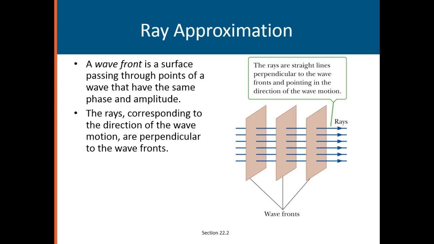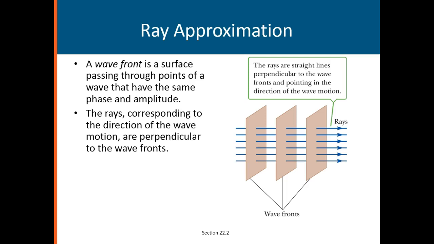Now, if you pictured them as waves, let's just say the peak of this wave would be here, then it goes down, and the peak of the next one would be right there, and the peak of the next one right there. So the wavefronts would be where those corresponding peaks or valleys, or any point in that wavefront, is moving.